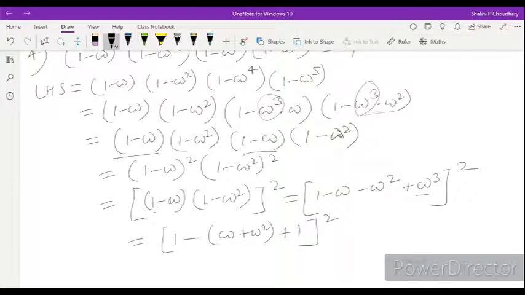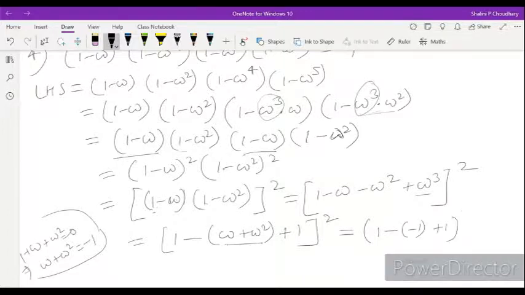Since 1 + ω + ω² is equal to 0, ω + ω² will be equal to −1. So we write (1 + 1 + 1) squared, that is 3 squared, which is equal to 9, that is the RHS.